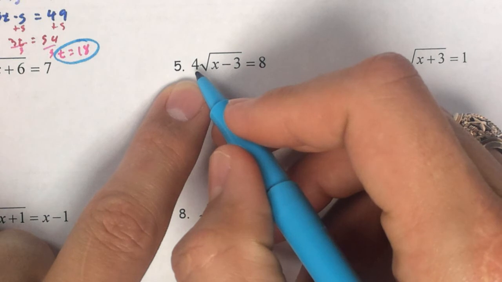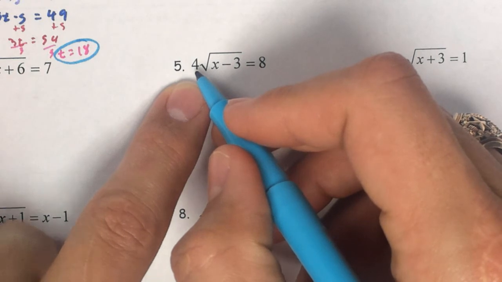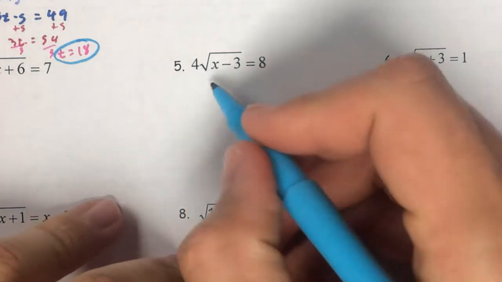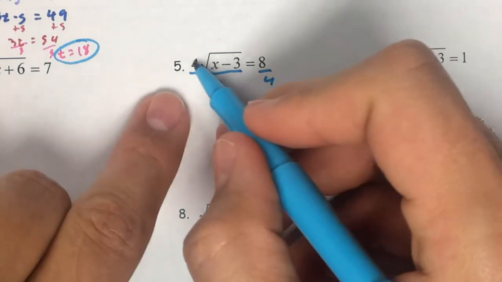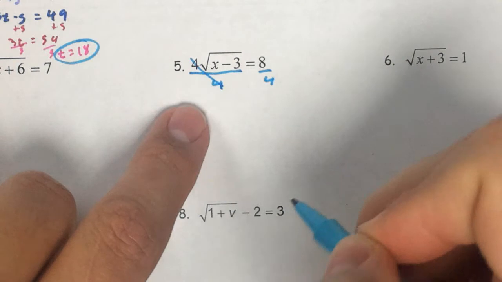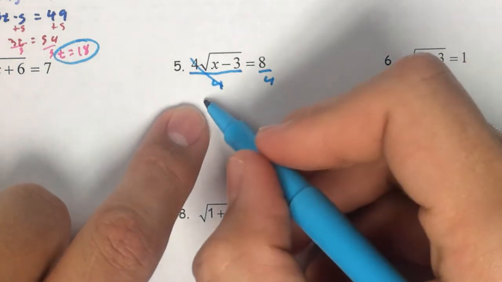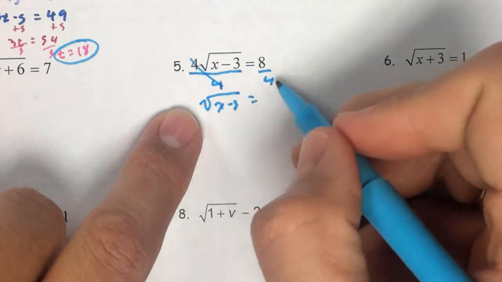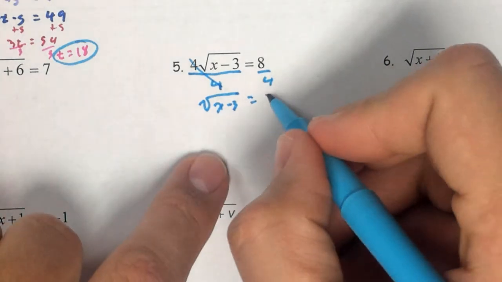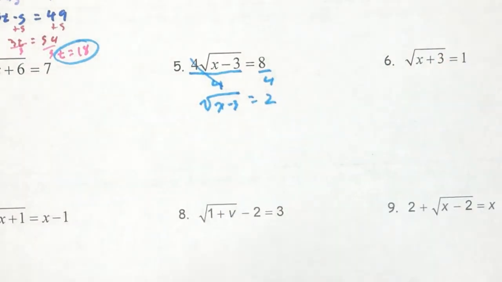To get rid of this 4, I need to divide the entire side by 4. When these divide, that disappears, and I'm left with the square root of x minus 3. 8 divided by 4 is 2.